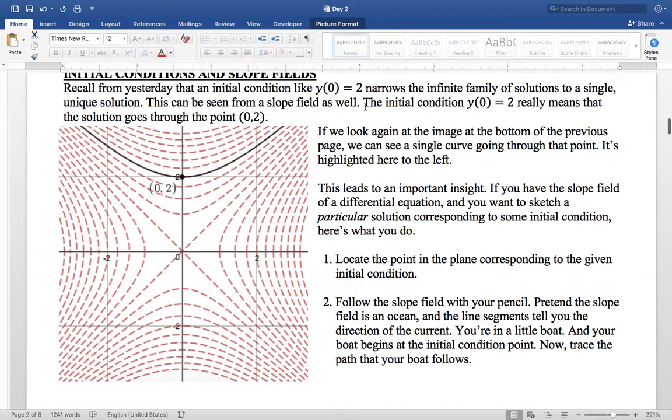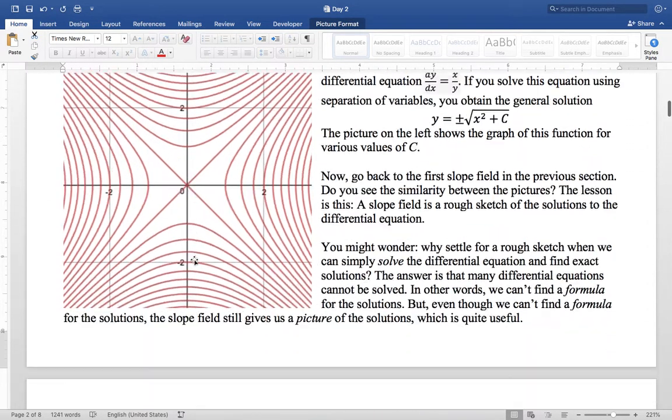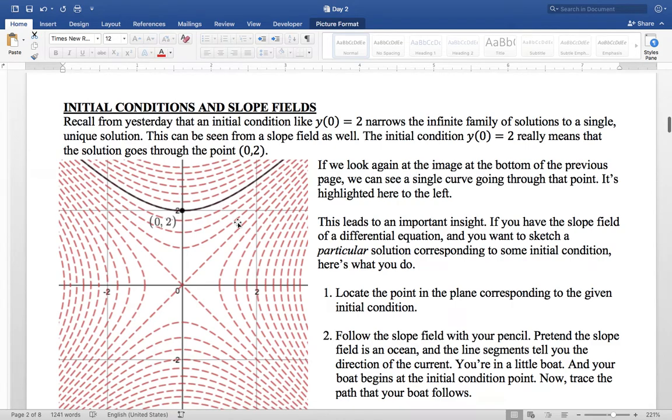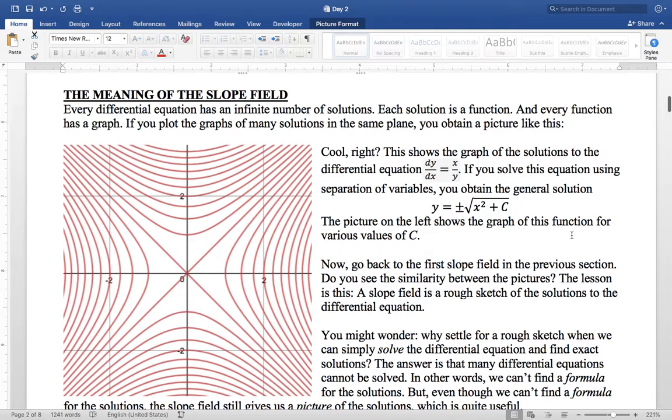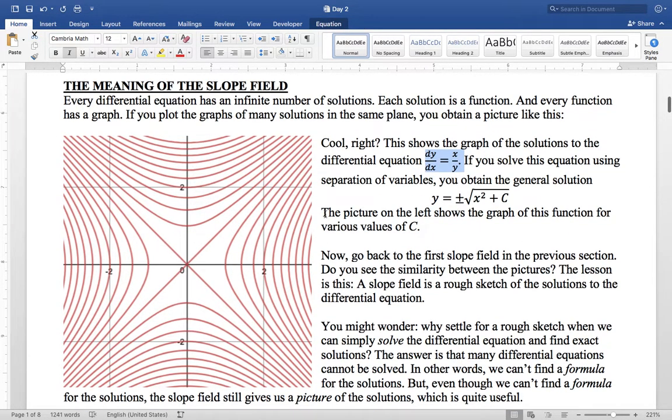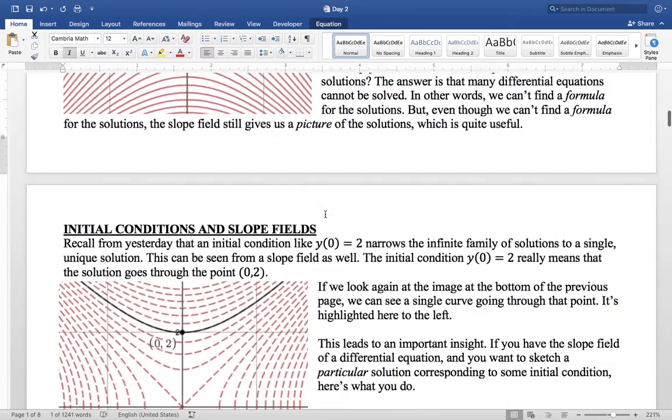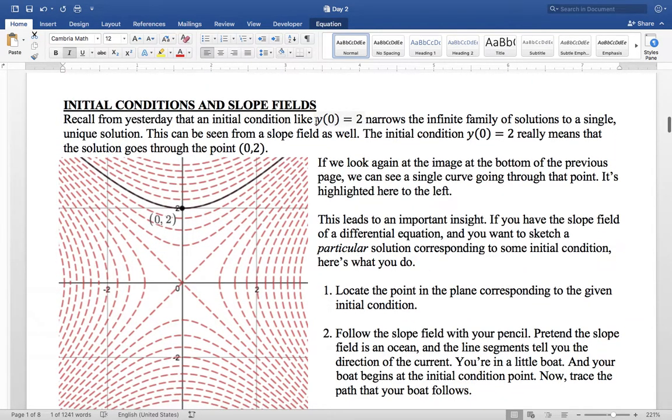Here I have, once again, pretty much the same picture as here, except I'm using dashed lines instead of solid lines. Let's suppose that in addition to having this differential equation, we also have the initial condition y(0) = 2. What this initial condition is saying is that when x is 0, y is 2.